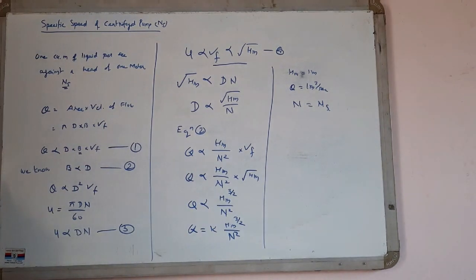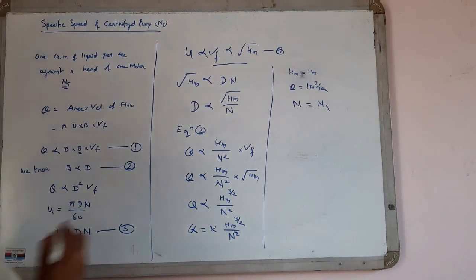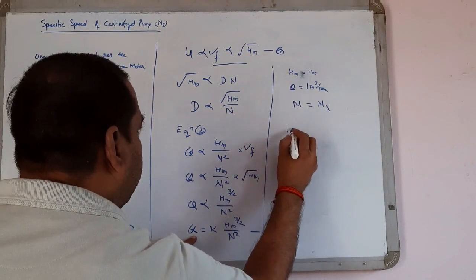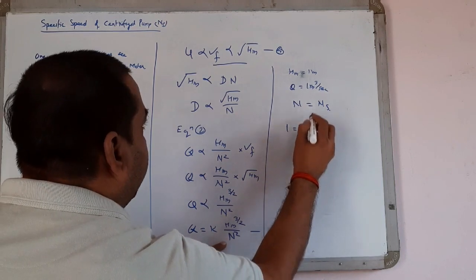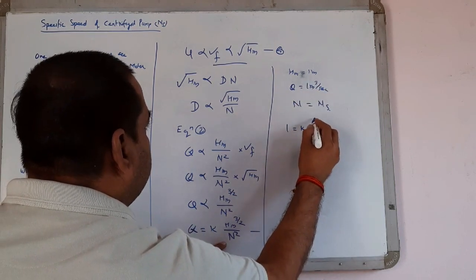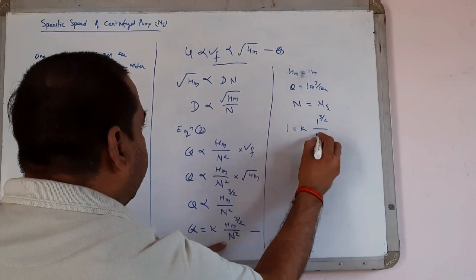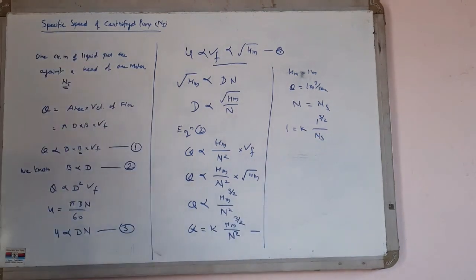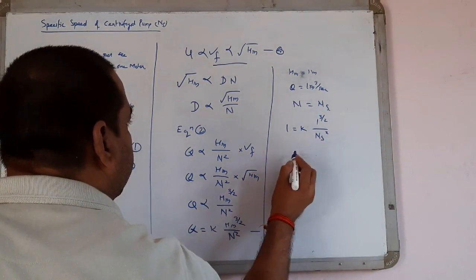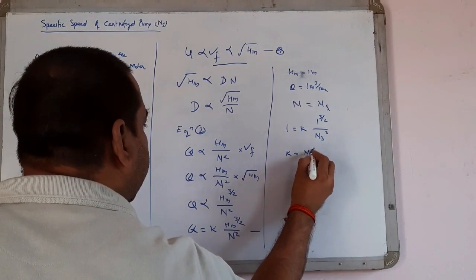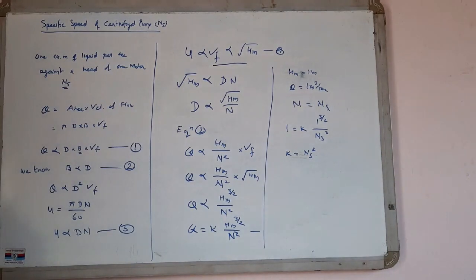Then Q is 1, Hm is 1 to the power 3 by 2, and N is NS. So K equals NS square.